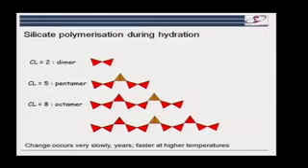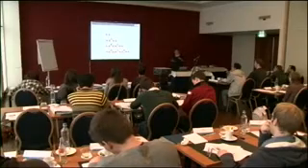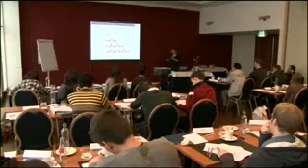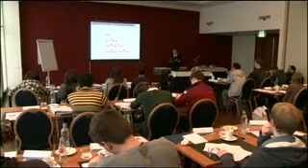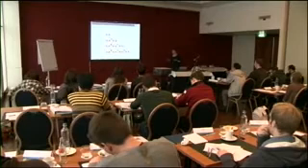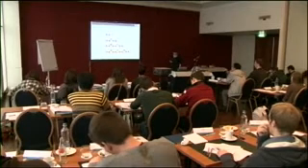This is a very slow process, so for a typical Portland cement, the average chain length, even after a year, will typically only be 2 point something. So it will be mainly dimers with just a few pentamers, for example. And as I'm going to talk about after lunch, this is one of the main things that changes when we put in supplementary cementitious materials. We tend to increase the chain length.